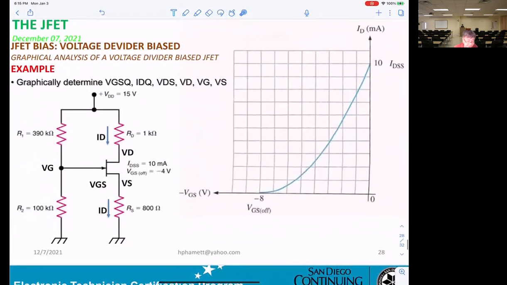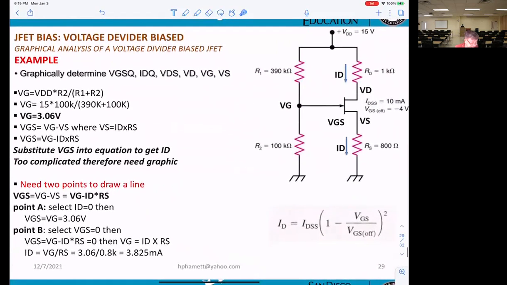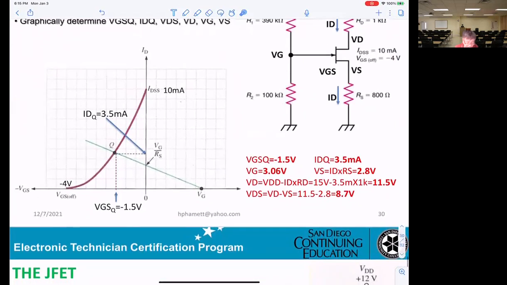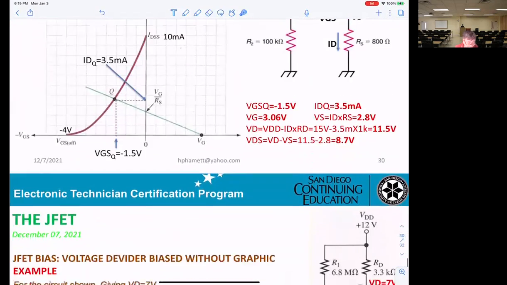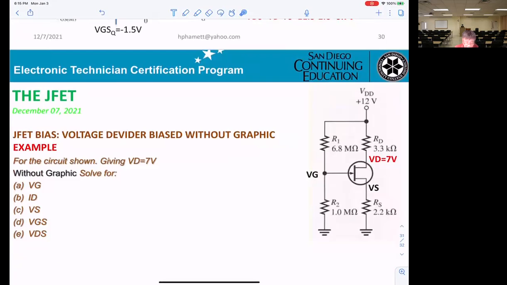You go through that, okay, in order to do the calculation. And also this is an example, voltage divider. Okay, and I already told you what needs to be done. The only thing is you have to go through that, okay, to make sure you know how they work. And also they give you a next voltage divider bias without graphic.